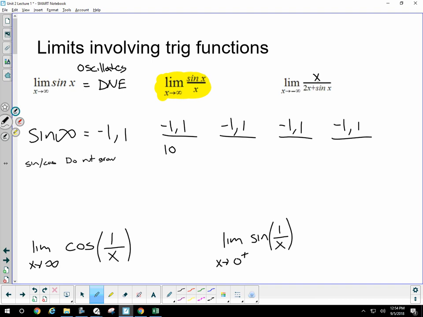Well, if I grow my numbers in the denominator, 10,000, 100,000, a Google to a Google, that's a big number. That's really big. What are we trending with these fractions? We're getting closer and closer to what? Yeah, 0.